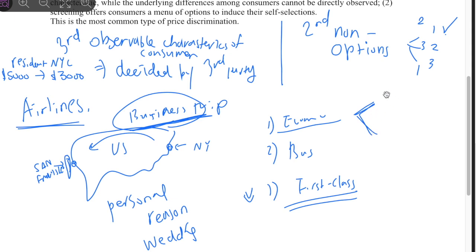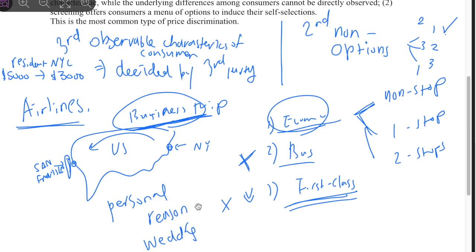We can have a non-stop flight from New York to San Francisco, or we can have 1 stop or 2 stops, right? So first of all, if we're going for a personal reason, we're not gonna consider the more expensive options like the business or first class, and we want to reduce our money with the condition.